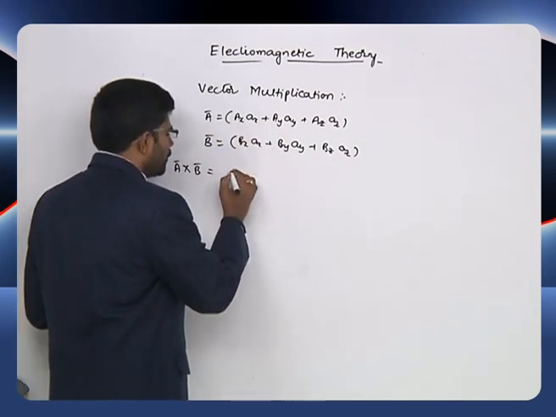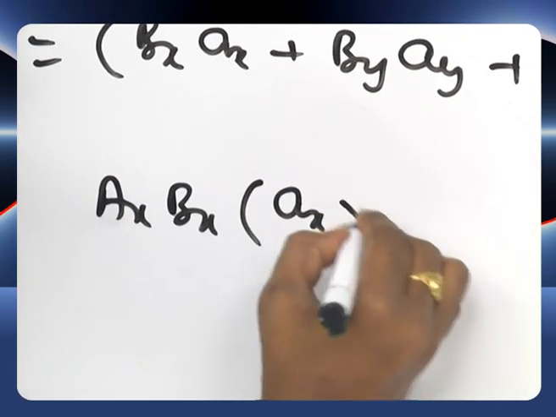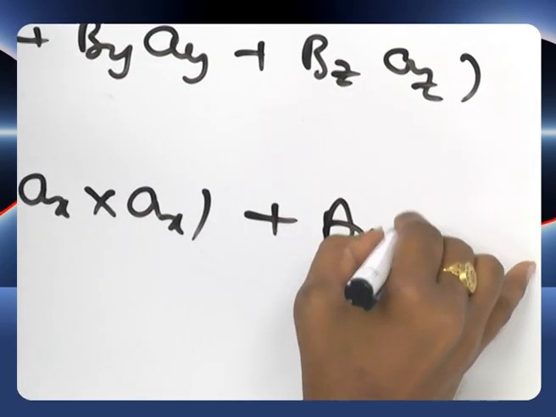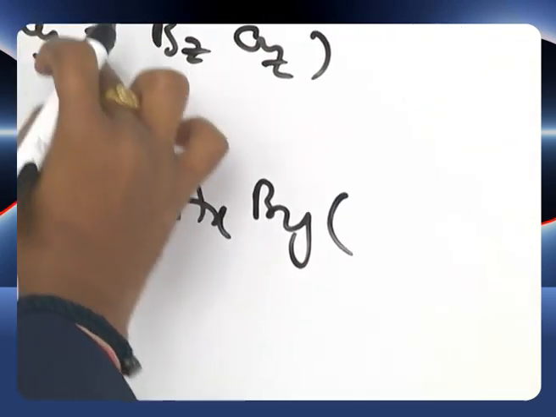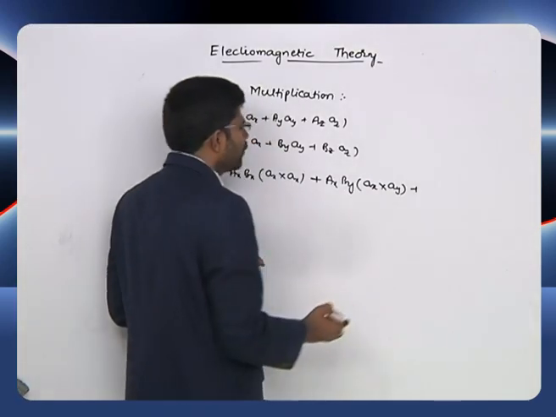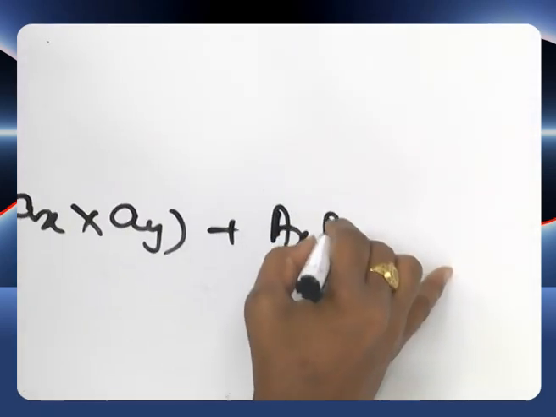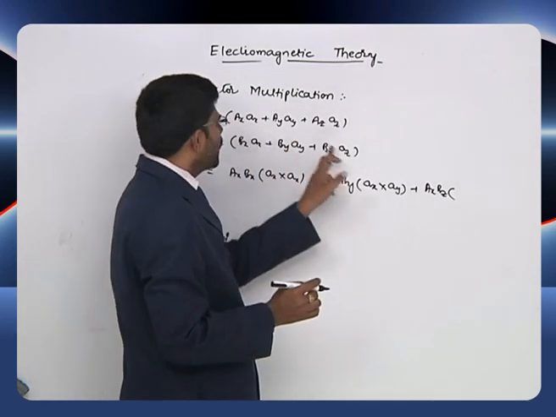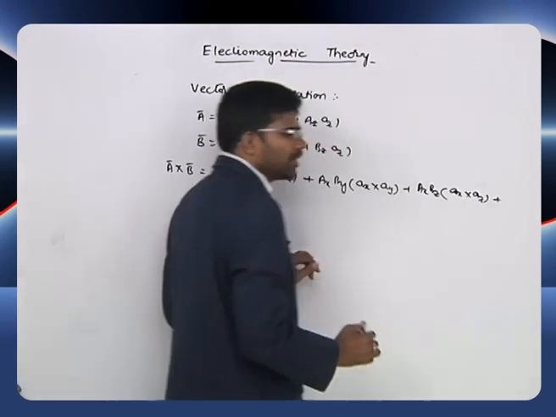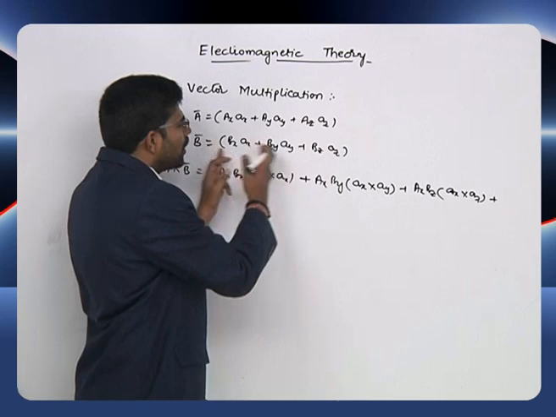The first term, a_x b_x, is the magnitude, and the cross product is a_x cross a_x, plus a_x b_y is the magnitude and the cross product is a_x cross a_y, plus the third one, a_x b_z, with the cross product between a_x and a_z, that is a_x cross a_z, plus the second term, a_y with all these terms, a_z with all these terms.